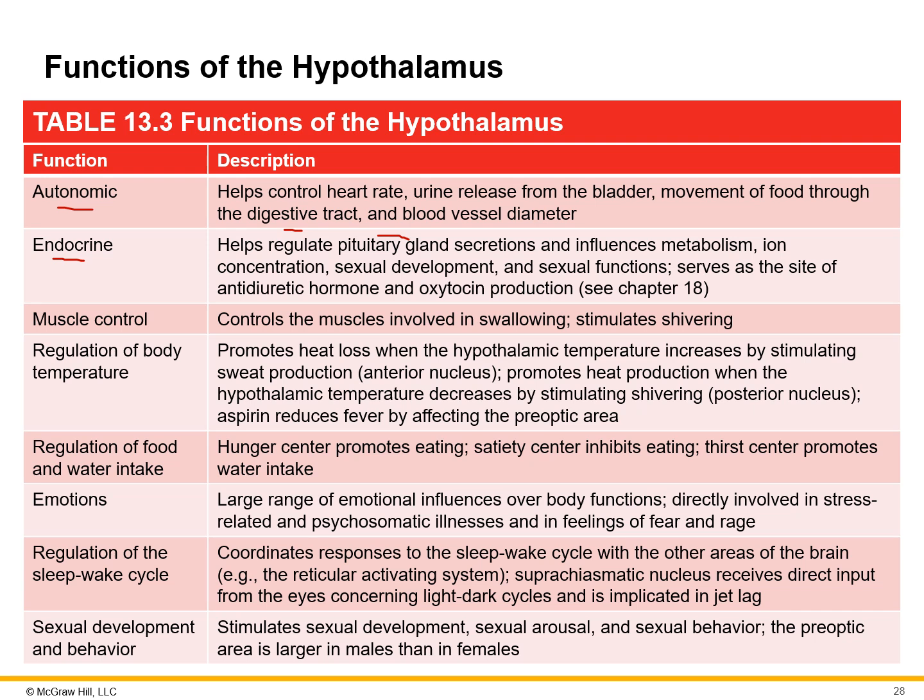We have some muscle control, like our swallowing, and regulating our body temperature is through the hypothalamus. Again, that hunger and water intake. Our emotions are also regulated here. That sleep-wake cycle due to that pineal gland. And then also sexual development and behavior. So lots of things happening there in that little hypothalamus.